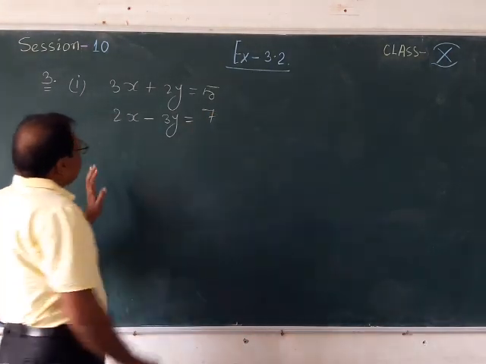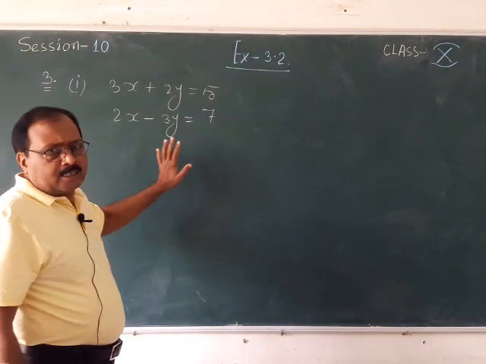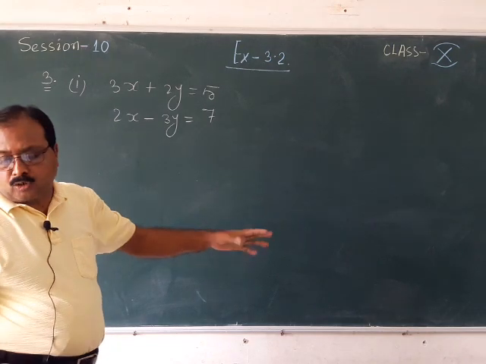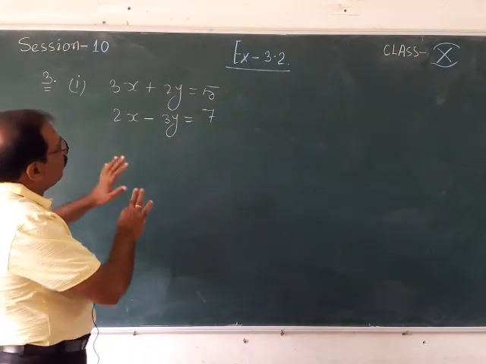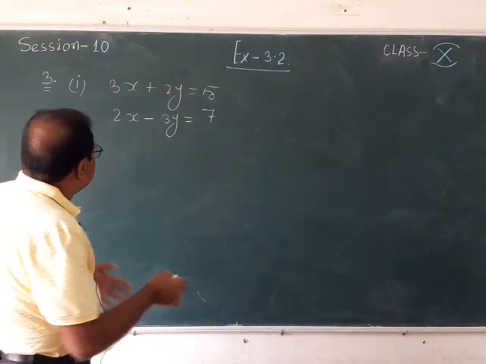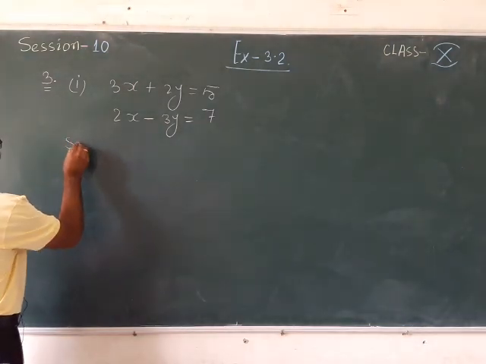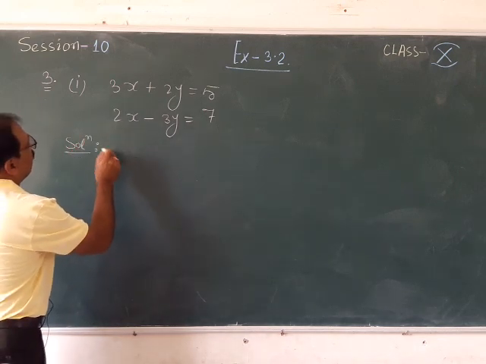Now the equations are not in standard form. You may change them to standard form or leave them like that, there is no problem. You can keep your equations like this also, or if you want to change to standard form you can, it's your wish.